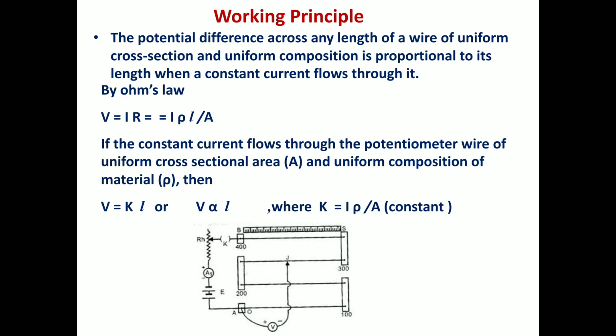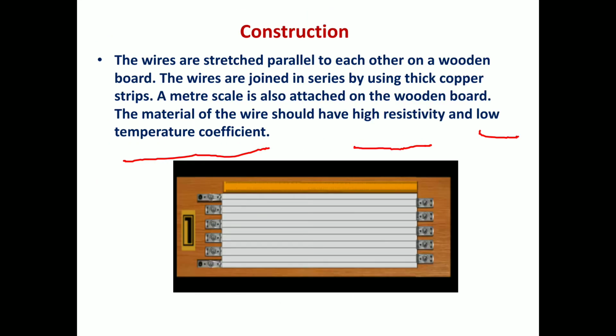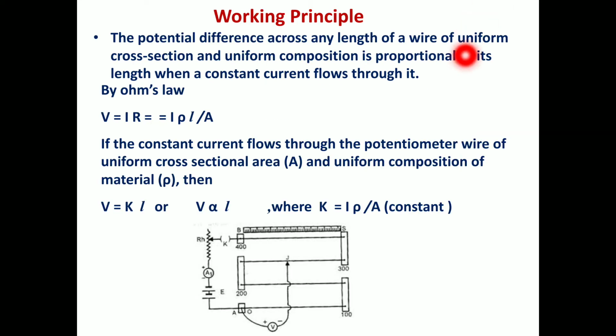For the working of the potentiometer, the wire should have uniform cross sectional area and uniform composition. Uniform cross sectional area means the cross sectional area of the wire should be the same throughout the potentiometer.